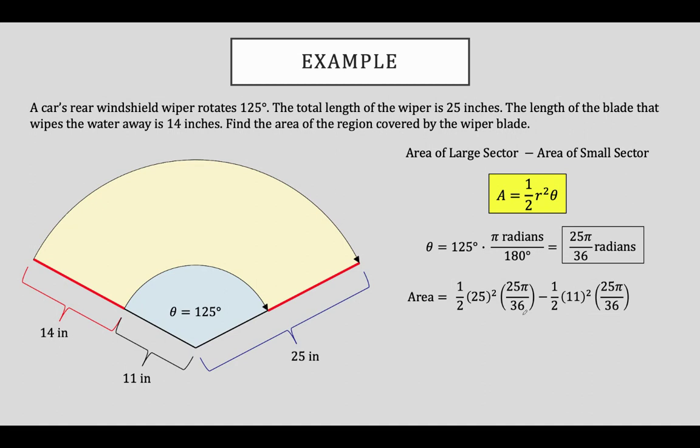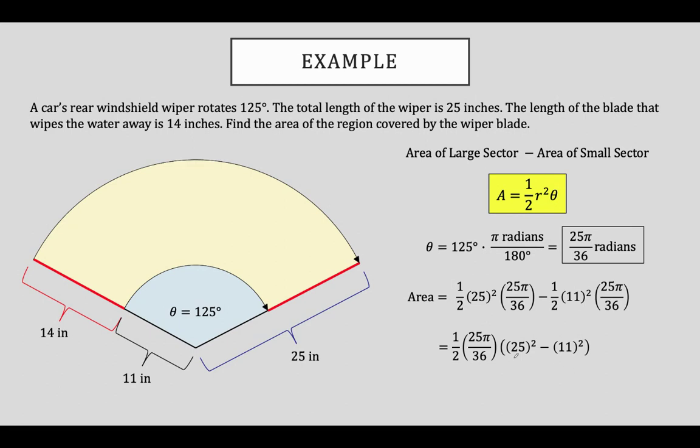And so what I'm actually going to do is factor that out from each of those values. I can bring it to the front. I have 1/2 times 25 pi over 36 times the quantity 25 squared minus 11 squared. Okay, I just factored out a 1/2 and the 25 pi over 36 from each of those quantities. That's going to make my life a little bit easier in doing my calculation.